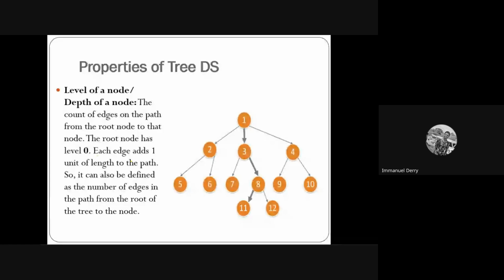So let's consider this tree, for instance, and try to understand its depth. We said this one is 0, and each edge adds 1 to it. So now from 0, we move to 3, then we move to 4, and then we move to 11. So who can tell us the depth of this particular tree?